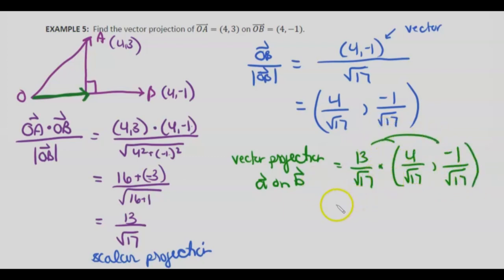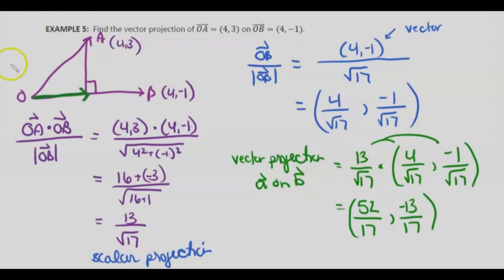We're essentially going to distribute this in. So 13 times 4 is 52. Root of anything times itself is just that number, so root 17 times root 17 is just 17. Now, 13 times -1 is -13. Root 17 times root 17 is 17. So this is the vector projection of A onto B.